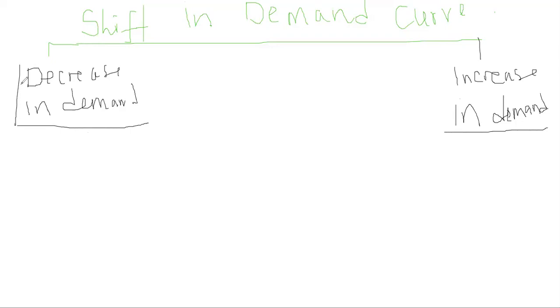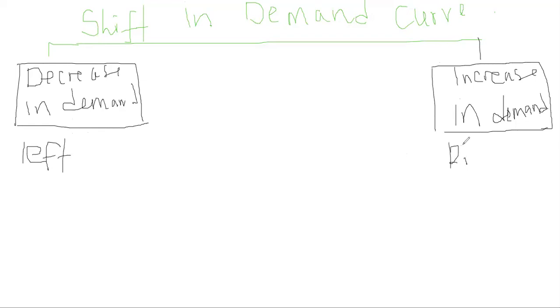Yes, a decrease is a leftward shift, and an increase is a shift to the right. So this is left, this is right.